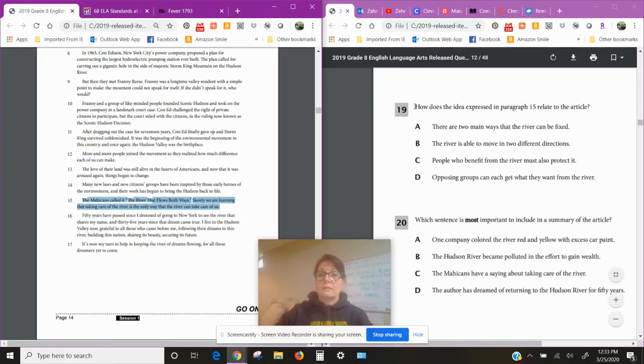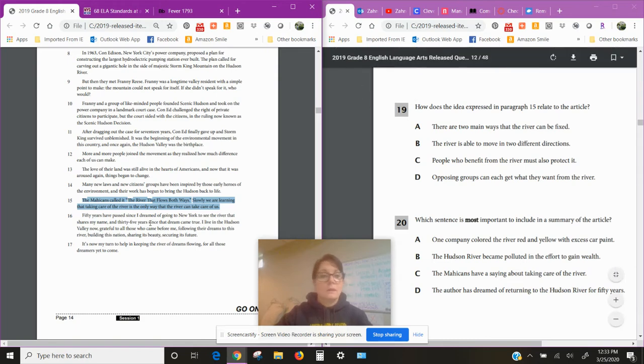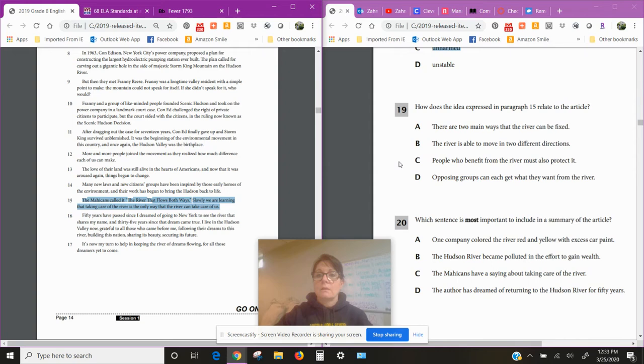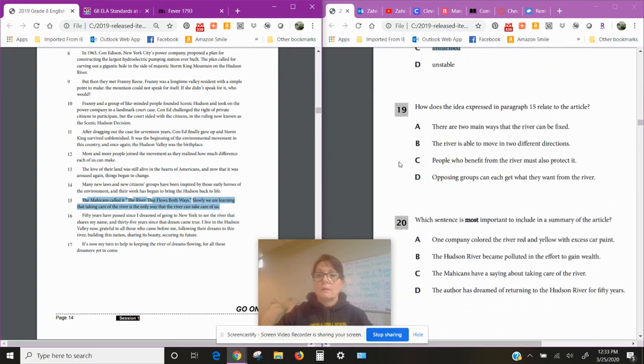So the question is, how does the idea expressed in paragraph 15 relate to the article? Okay, so it says, paragraph 15, the Mohicans called it the river that flows both ways.